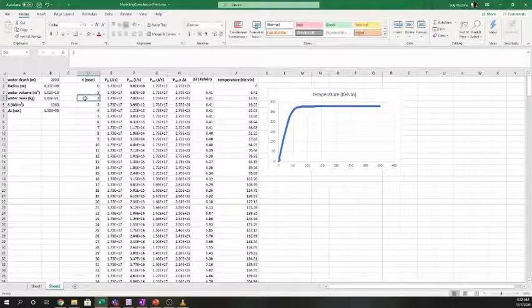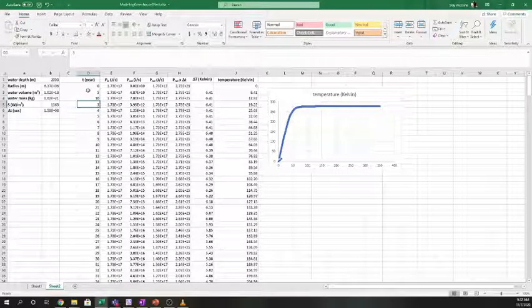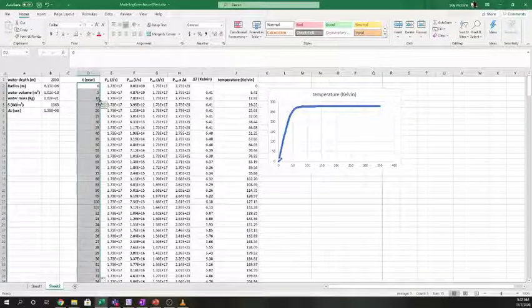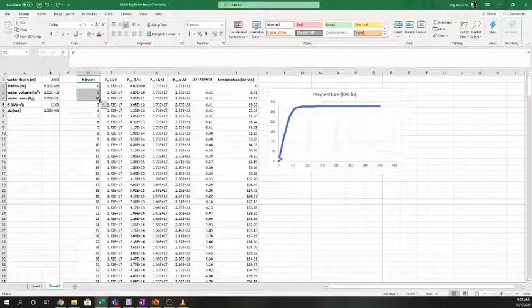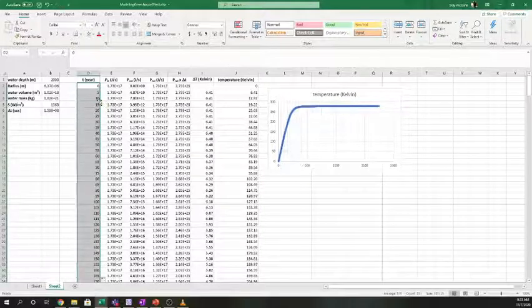So I'd have to say 5, 10, etc. I just pointed to the bottom right again and double clicked, and it recognized how many elements are to the right of it so that it knew how far to continue that. And now you can see very much an equilibrium happening here, that the temperature stops changing.